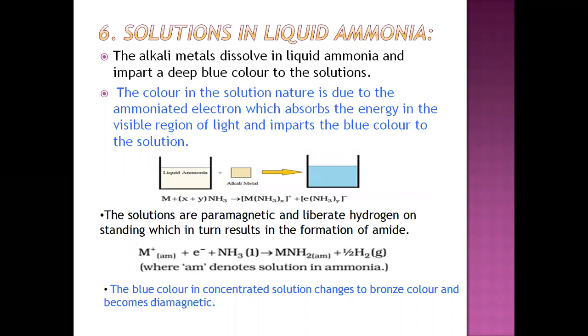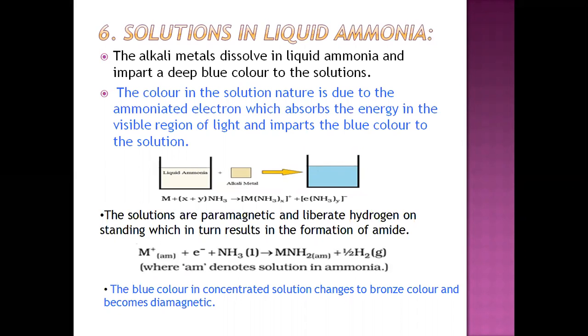Okay. Now, solutions in liquid ammonia. Alkali metals dissolve in liquid ammonia and impart a deep blue color to the solution. Ammonia is actually a colorless liquid with a pungent smell. We can identify ammonia by its smell.